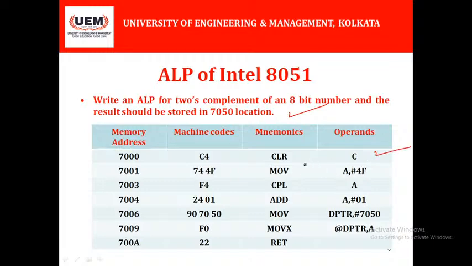MOV A, #4F. Now hash basically represents the value, and 4F is the value that we are talking about.